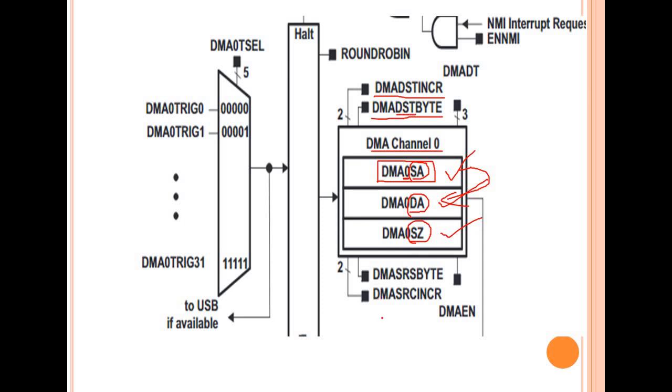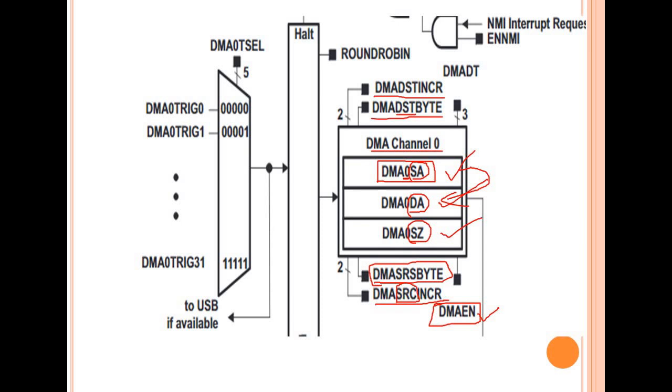Next, coming downward, DMA SRC INCR, DMA source increment. And this one is DMA source byte, the byte which is to be transferred to the destination. And DMA enable. Here DMA EN means DMA enable. The DMA enable signal is the one which enables your DMA channel.